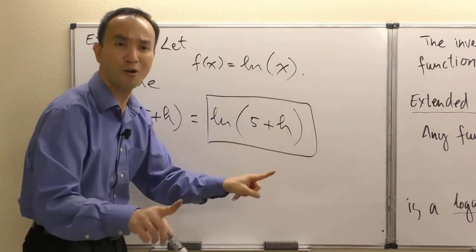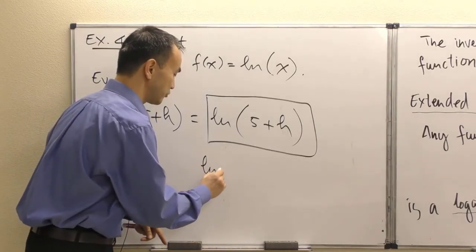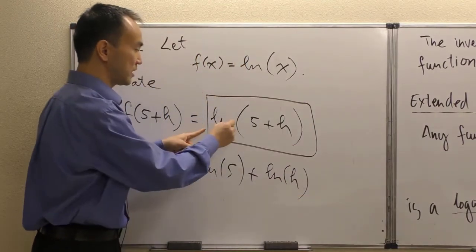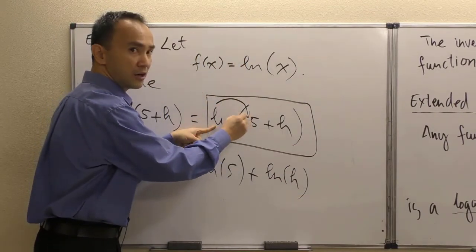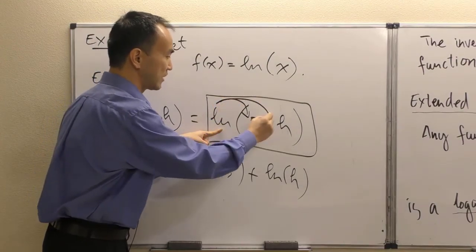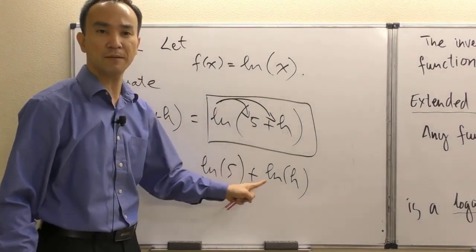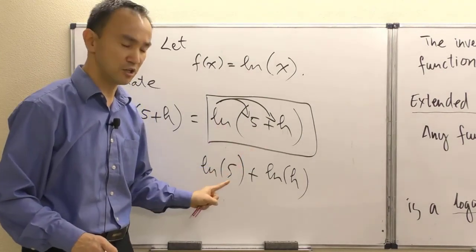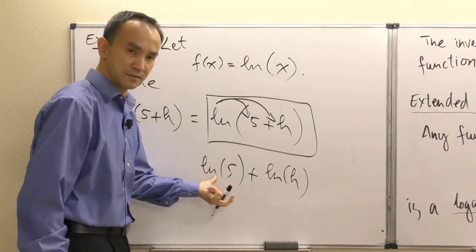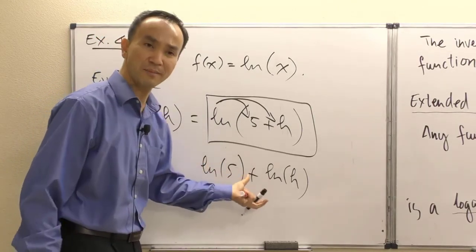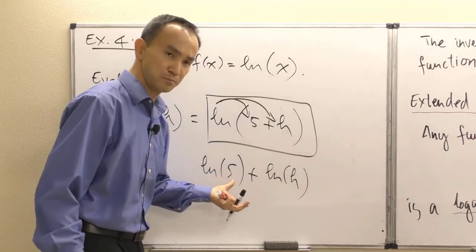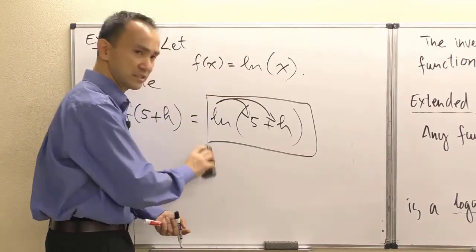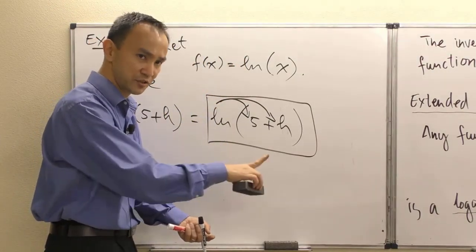So don't do this: natural log of 5 plus natural log of h, simply because you think this is a multiplication, so the distributive law comes in and multiplies natural log with 5 and natural log with h, leaving us natural log of 5 plus natural log of h. This is way off the hook. Don't go there. It's a serious warning about a mistake that can potentially happen to anyone. You may feel it's silly at this point, but take that warning of mine seriously.